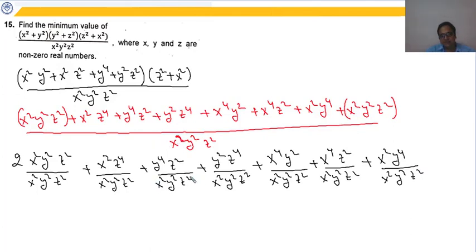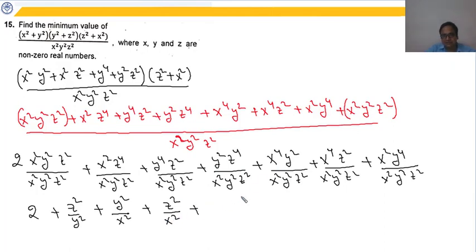I had just written it to explain this concept more clearly. Now x square cancels out, z square cancels out. First term is 2. Then we had z square upon y square. Y square cancels out, we had 1 y square in the numerator, z square cancels out, y square upon x square. Y square cancels out, 1 z square left in the numerator upon x square.